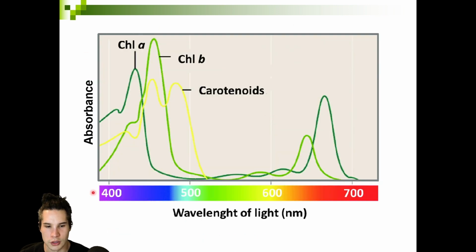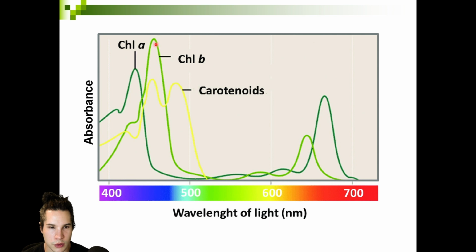So here's a chart showing the absorbance difference between chlorophyll A, B, and carotenoids. On the x-axis, you have the wavelength of light. You go from violet to blue to teal to lime green to yellow, orange, red. If you see here, chlorophyll A absorbs a lot of purples and blues, and then it has this sharp drop right here.